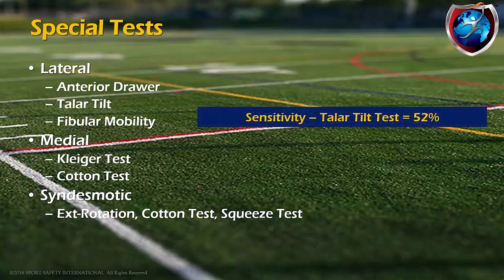Diagnostic accuracy of the talar tilt test has been reported in a single study with sensitivity of 52%. Specificity has not been reported. Diagnostic accuracy of the Kliger, cotton, squeeze, and fibular translation tests have received little attention.